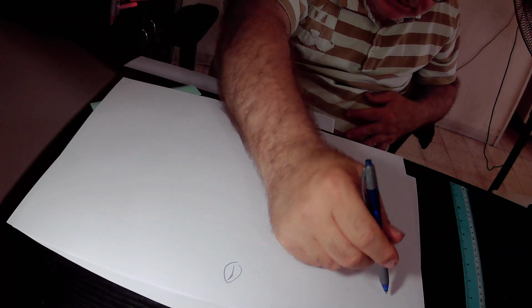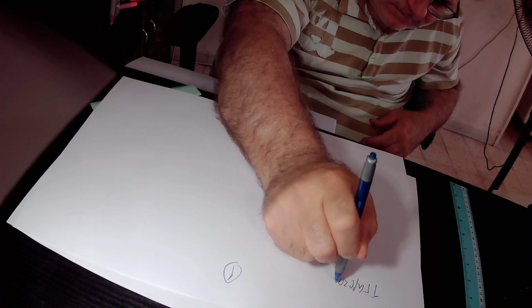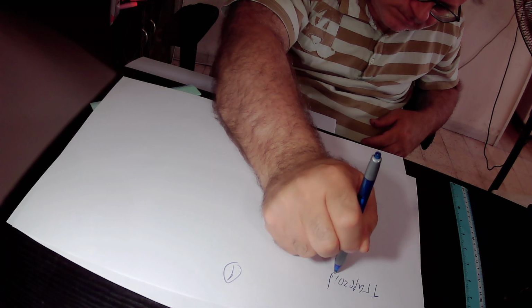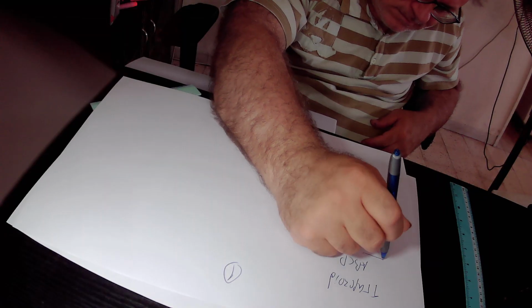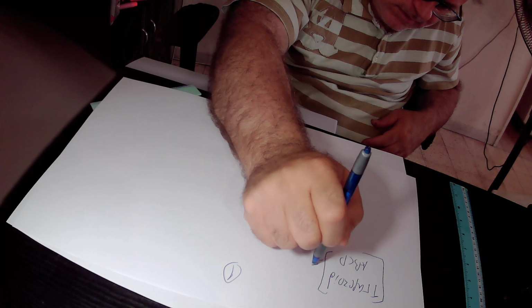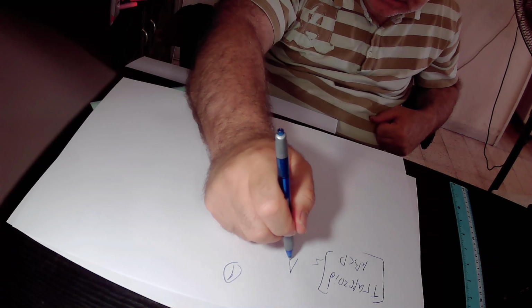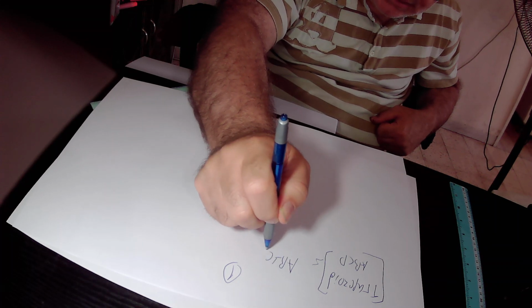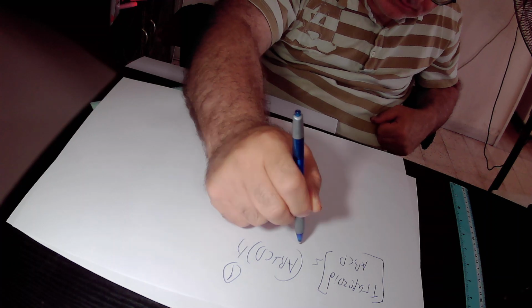The area of trapezoid ABCD is equal to AB plus DC times the height h over 2.